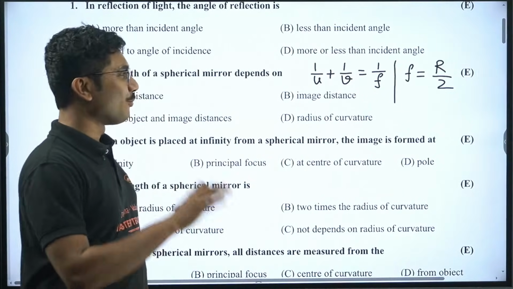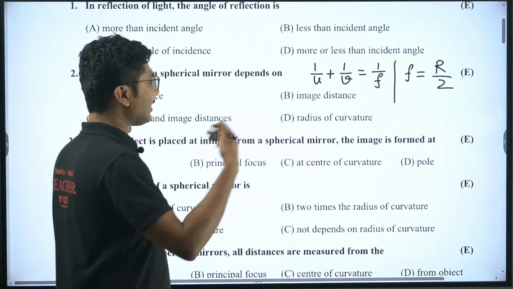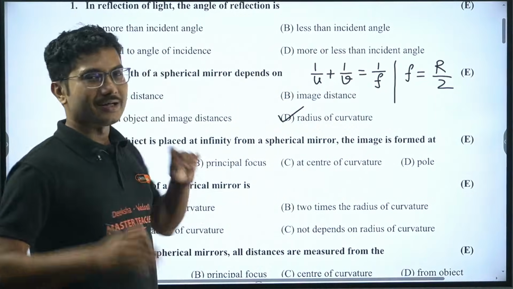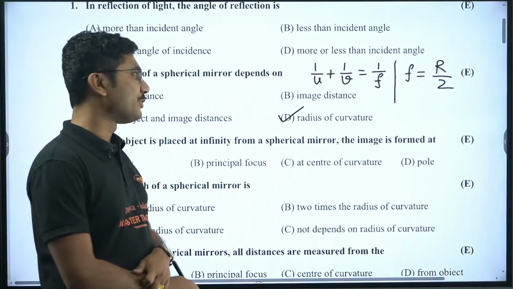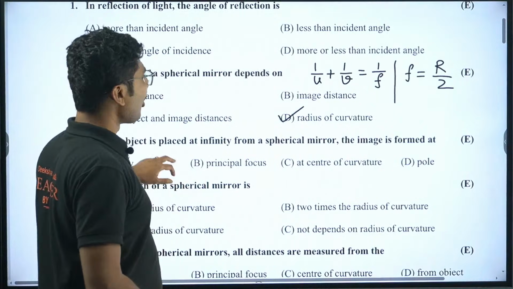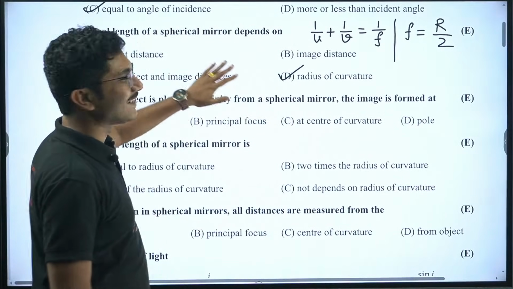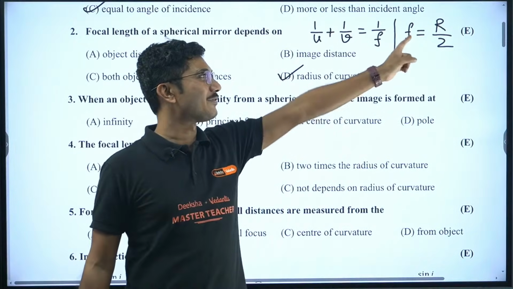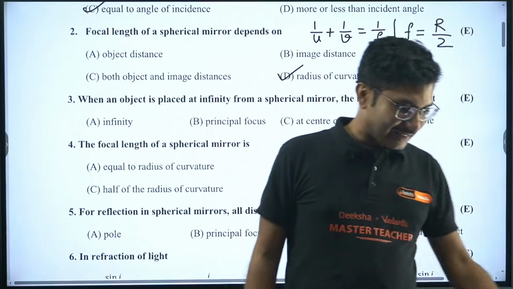So both focal lengths are actually dependent on radius of curvature. It does not depend on object distance or image distance or both. So this is a very tricky question. Many students will answer this wrongly, but actually it is the radius of curvature if you remember this expression.